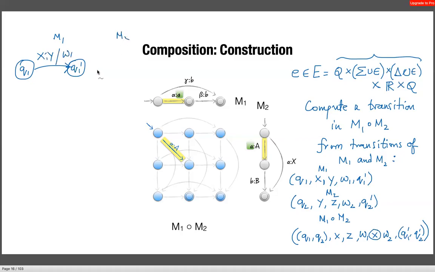And in M2, you have some Q2 transitioning into Q2 prime, where Y is your input, Z is your output, and W2 is the weight.